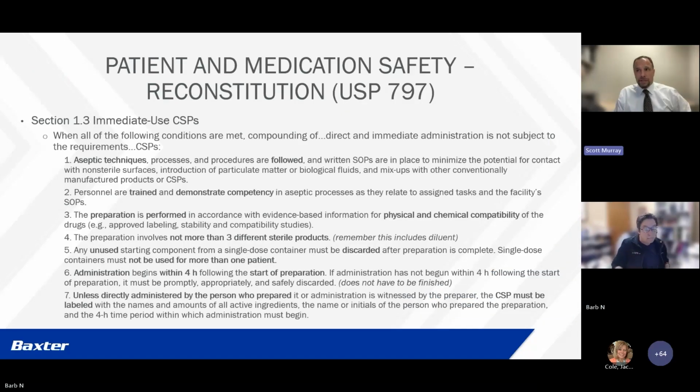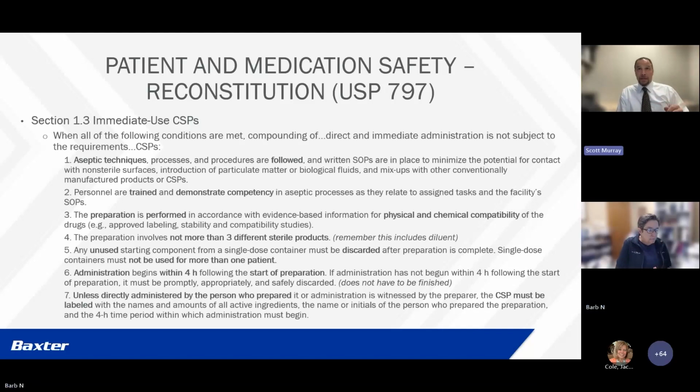Okay, so this next section, I apologize for the content here, but it's important for a couple reasons. This is the updated USP 797 and the section on immediate use. And these are the 7 requirements that are there now when preparations are made at bedside. But it's really the highlights that we're going to concentrate on.